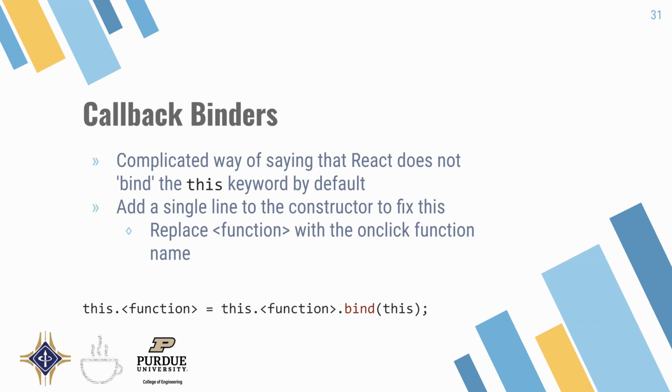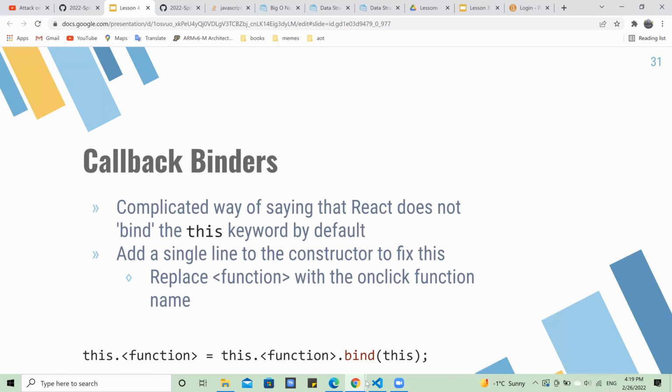The syntax we have for that is this.functionName = this.functionName.bind(this), with this inside the parentheses. And you add this inside the constructor. So this is kind of what it looks like.